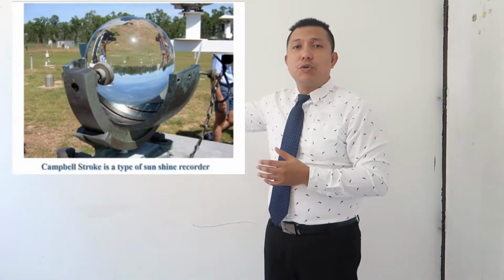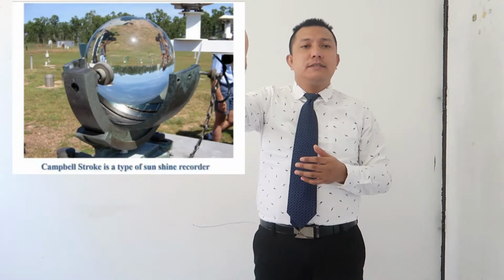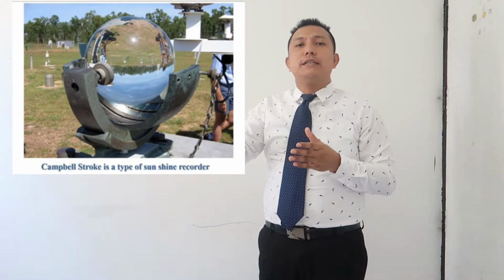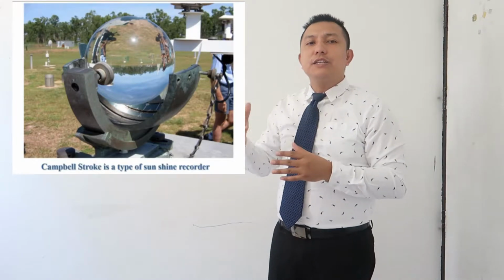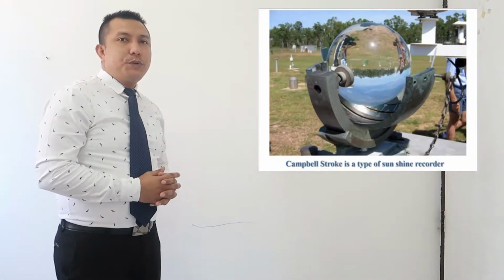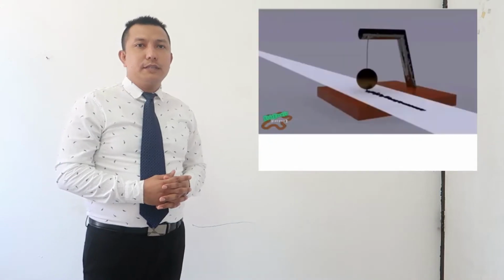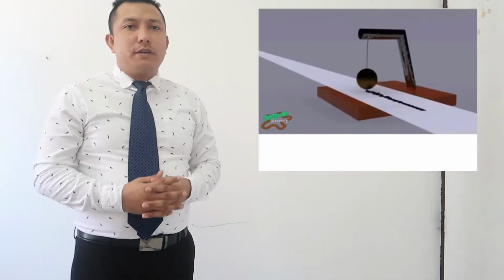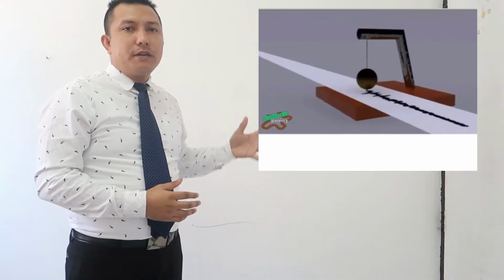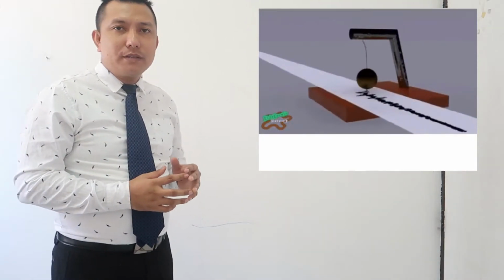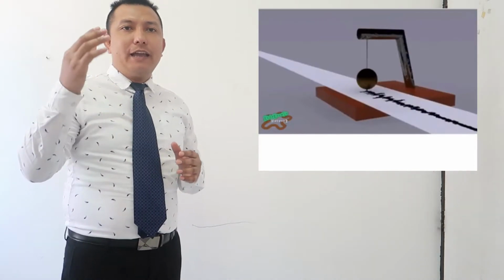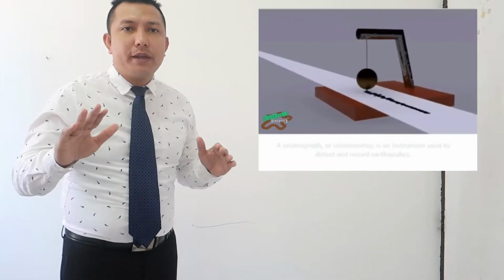Next, Campbell-Stokes. Do you have any idea about Campbell-Stokes? Campbell-Stokes is a type of sunshine recorder. Next, we have also what we call seismograph. Seismograph or seismometer is an instrument used to detect and record earthquakes.